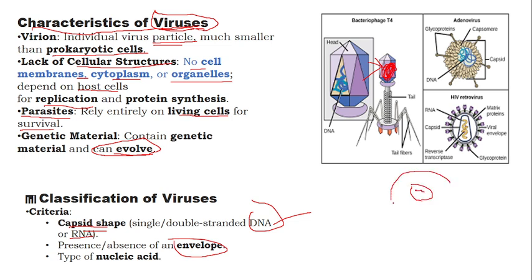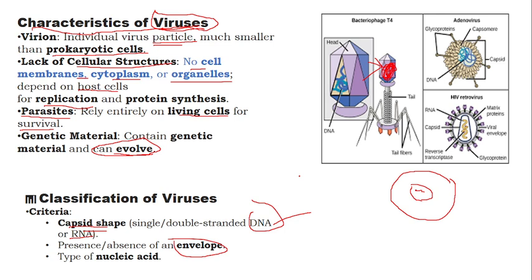Some viruses have another cover called the envelope. There are viruses which have an envelope and others which don't. So there are enveloped viruses and unenveloped viruses, and there are DNA viruses and RNA viruses. I hope you are understanding this classification of the virus.